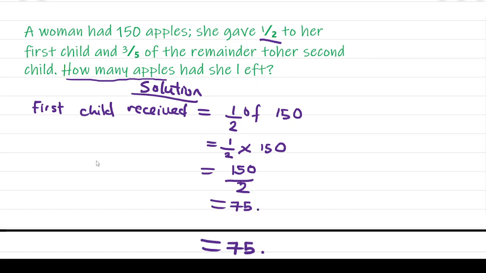So the first child got 75 apples, sorry, it was apples they were sharing, and 3/5 of the remainder to her second child.